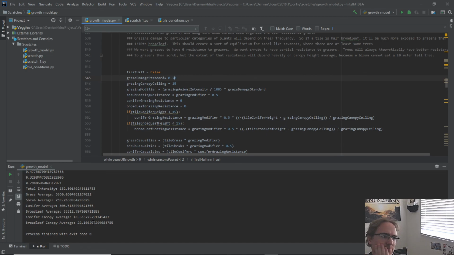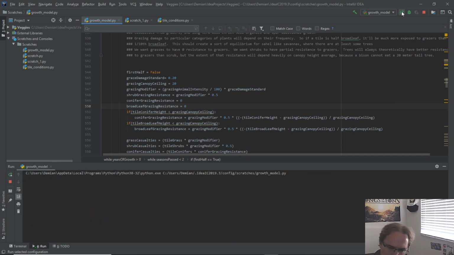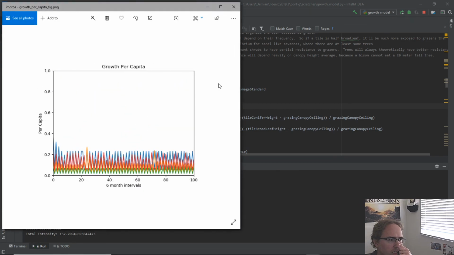Well, first off, I don't have a mechanism for the seed bank.